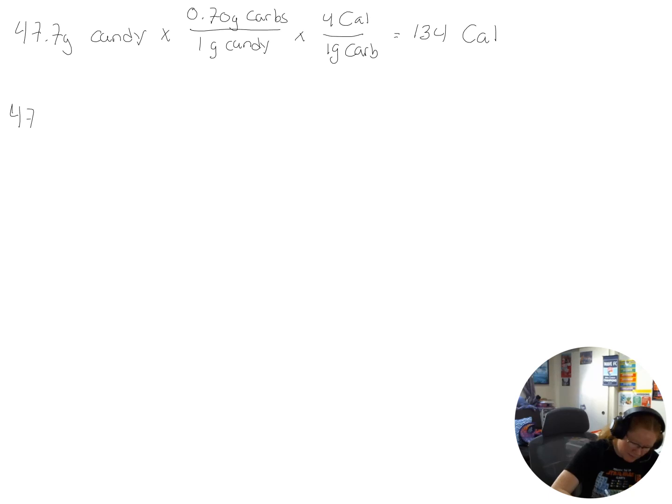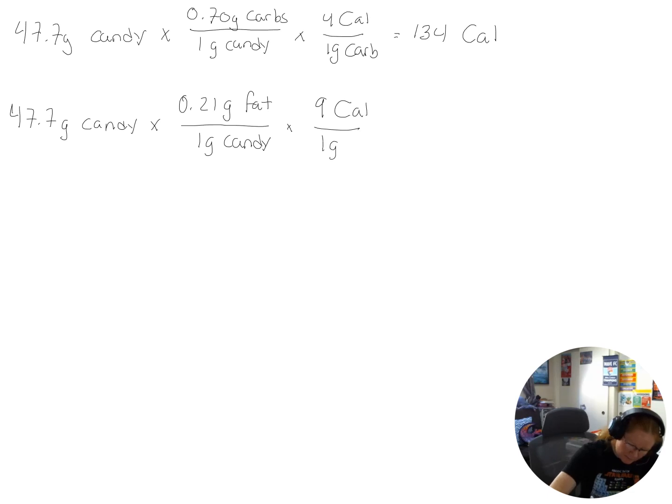So we still have that original sample of candy. 21%, so we get 0.21 grams for every 1 gram. And then we have 9 calories for every 1 gram. So we get 91 calories.